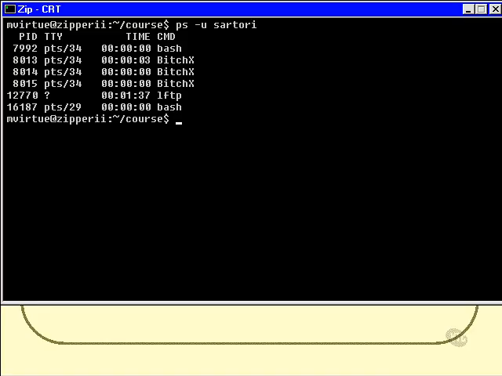So now I will kill, or at least attempt to kill, one of their processes. How about 16187? That's one of their shells. And I'm not allowed to kill it because I'm not the owner of that process. If I was the super user, or root, then I would be allowed to do that. Obviously, I'd also be allowed to do that if I was the Sartori user.